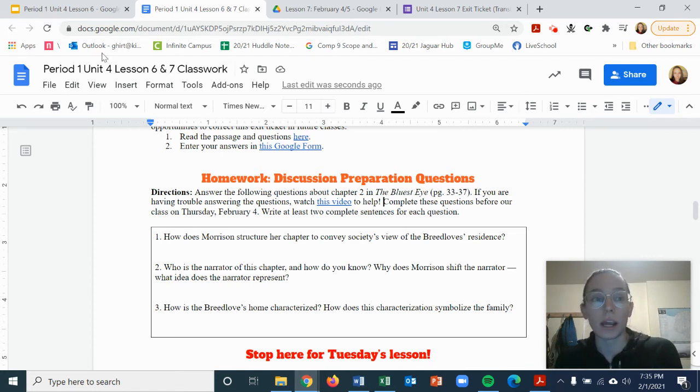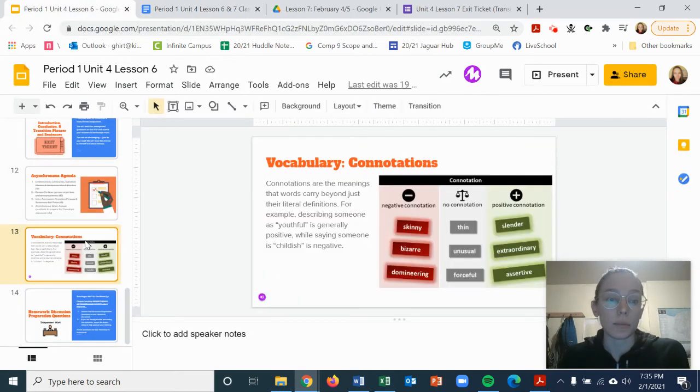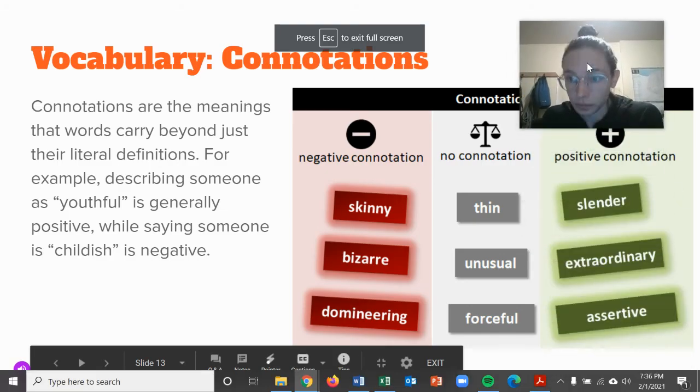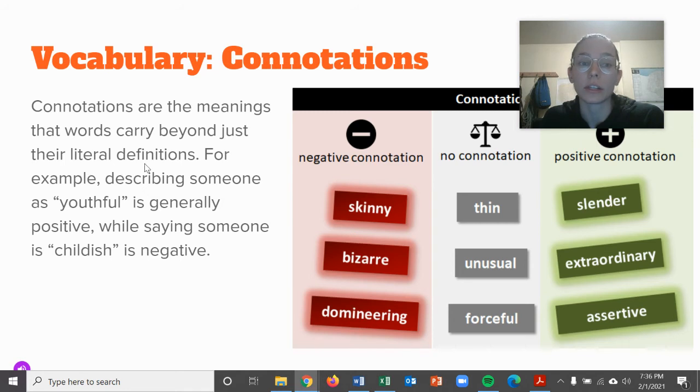Before you get there, I do want to go over one vocabulary word because it's important for answering these questions and thinking through what Morrison does in this chapter. The vocabulary is connotations. You may have talked about this in Miss Augustinelli's class already. I'm not totally sure. Connotations are the meanings that words carry beyond just their literal definitions.